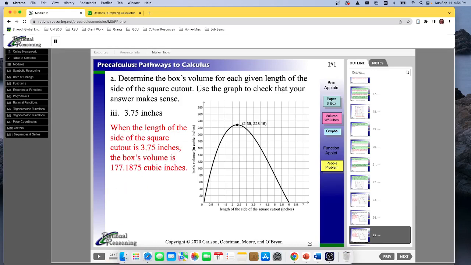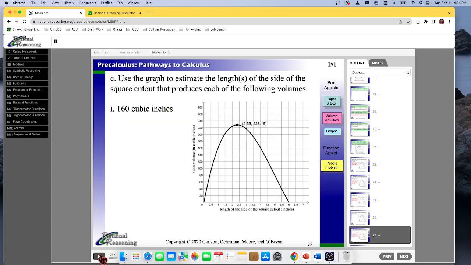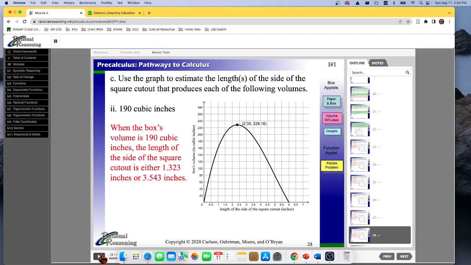The y value always gives us the volume. So what's our formula? Again, we just take the dimensions of the paper since we're cutting out 2 corners on each of the lengths. We subtract 2x, and again the height is x. So we've done all that, and again, we can find all of these again.